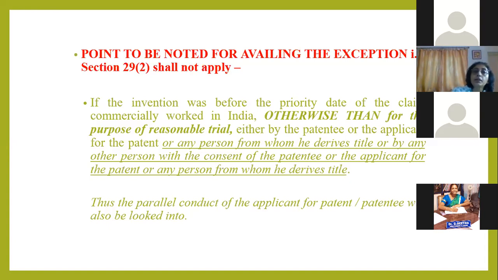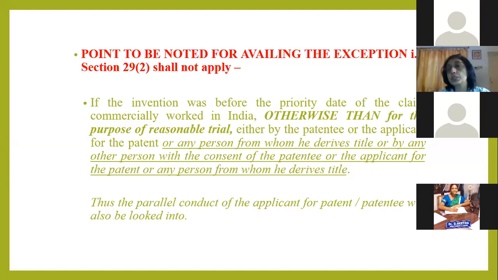But before filing the application, I myself go and work the invention other than reasonable trial, or I commercially use the invention, and then I file a patent and say that this person had already obtained from me and has published, and so I should be given the leverage of this. It should not be considered as prior art. But then I am myself going and commercially exploiting it, and then I file it. So that will go against me.